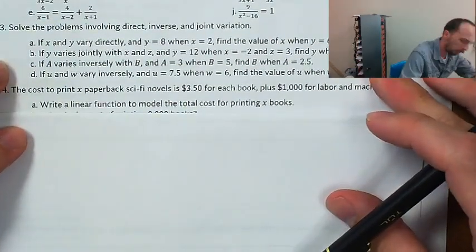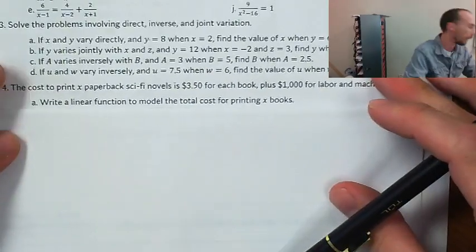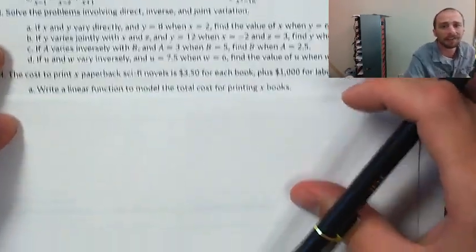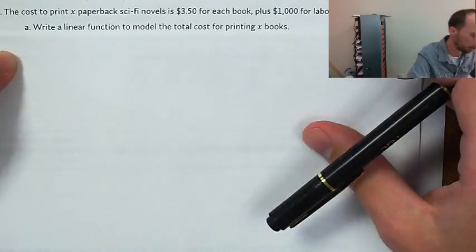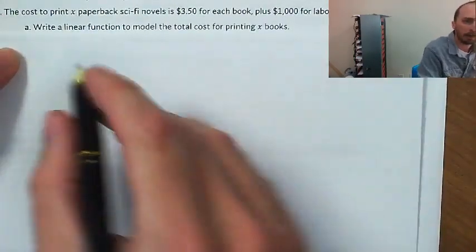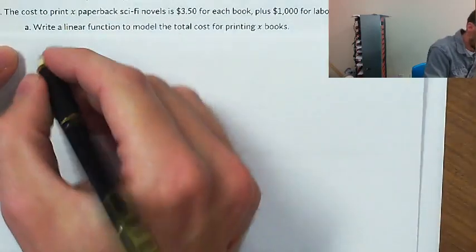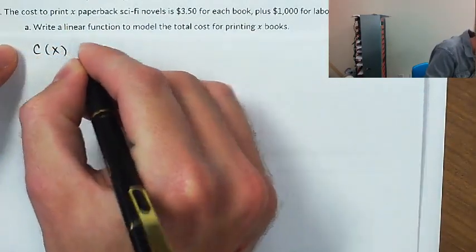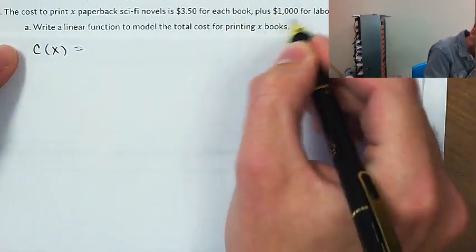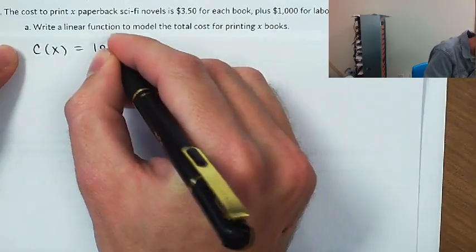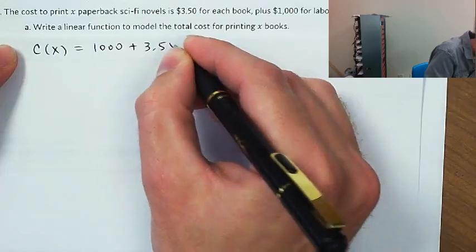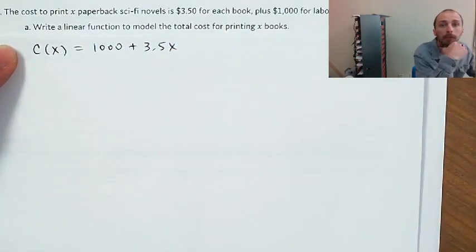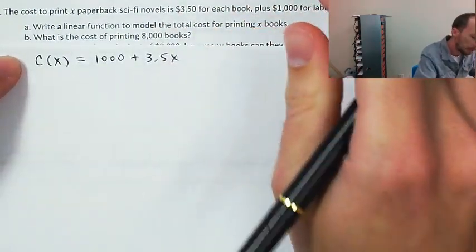Okay, so this is very much like one of the problems we did in the notes with the cost for the sandwiches on the bus for your activity. All right, so linear function to model the total cost. C of x is going to equal the fixed cost, $1,000, plus 3.5 times the number of books. 3.5 for each book. Okay, so that's A.